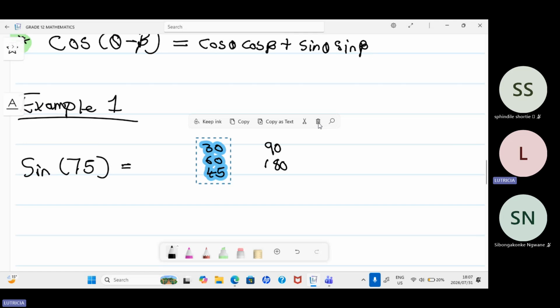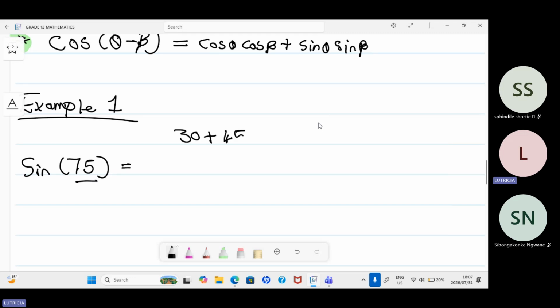So 75 is made up of 30 plus 45. The order doesn't matter. You can write it as 30 plus 45 or as 45 plus 30. So this is going to become sine 30 plus 45.